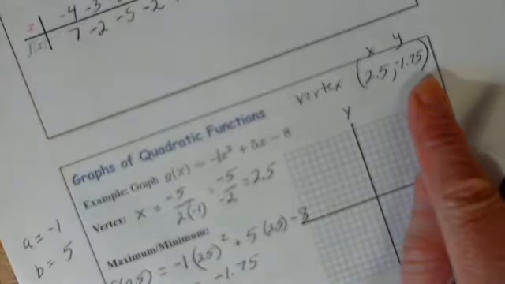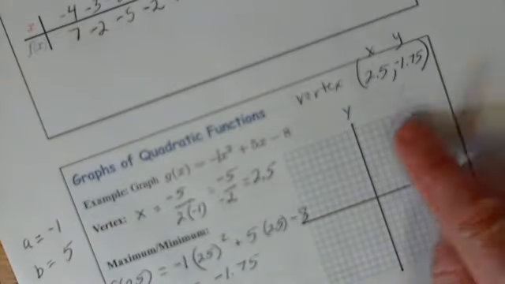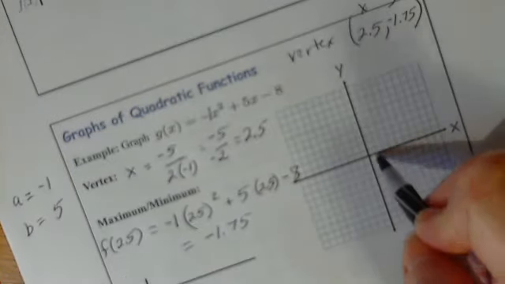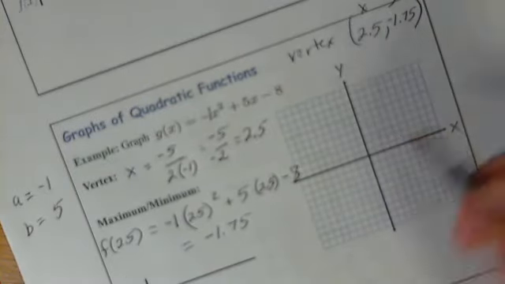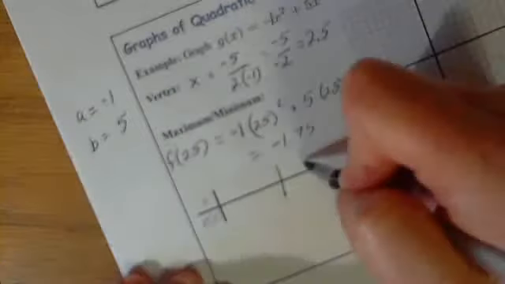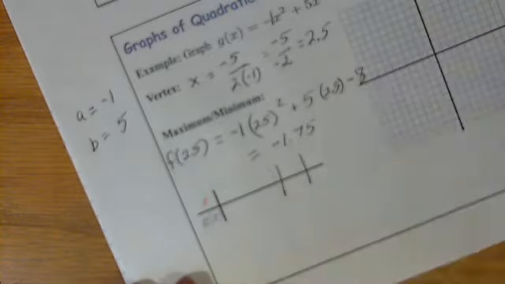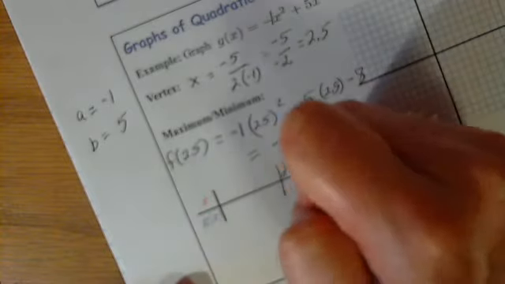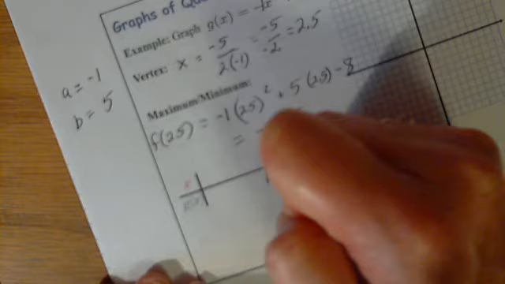So, let's graph those right now. It's going to be a little tricky. I wonder how big these are going to get. I'll tell you what, let's make our t-table first and see, maybe we can go up by halves on our grid instead of by wholes, and that might help. So I'm going to put 2.5 in the middle of my t-table and negative 1.75 the output.